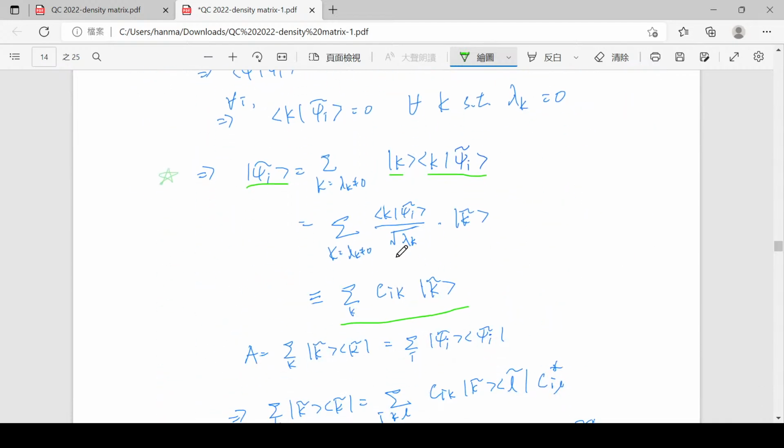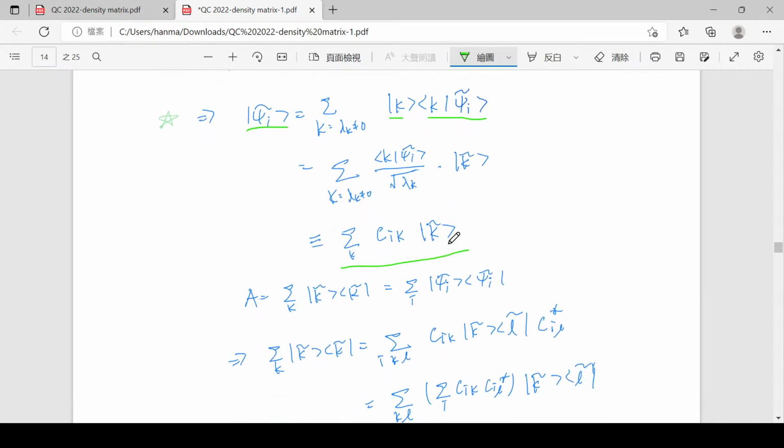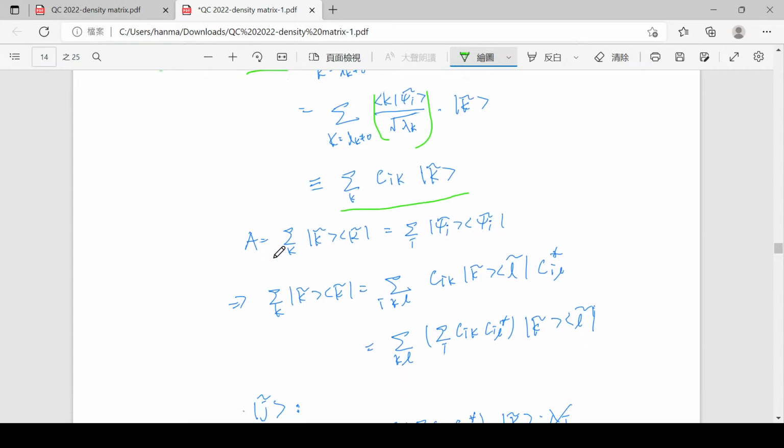And yeah, you can check that these have been dealt with. And anyway, those lambda k are actually all non-zero, and this whole thing is defined as Cik. So the coefficient of psi tilde i on k divided by the square root of lambda k is just Cik.